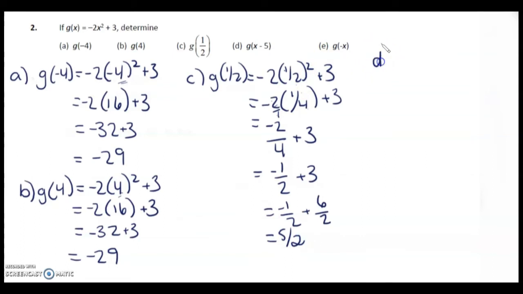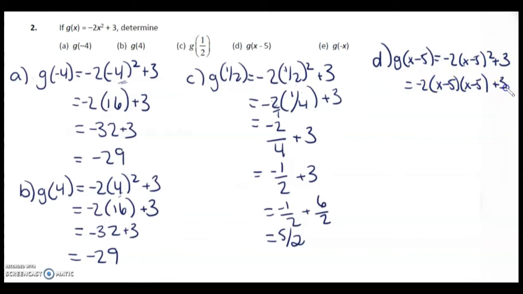Okay, D is going to sub in g at x minus 5. So a little bit different because we have to expand the x minus 5 squared, right? So -2. I'm going to write x minus 5 twice because it's squared. And what we have to do is we actually have to FOIL it, okay? Again, don't just square the two terms individually. We have to say x times x, which is x squared, x times -5, which is -5x, x times -5, which is -5x, and then -5, -5, we get positive 25.